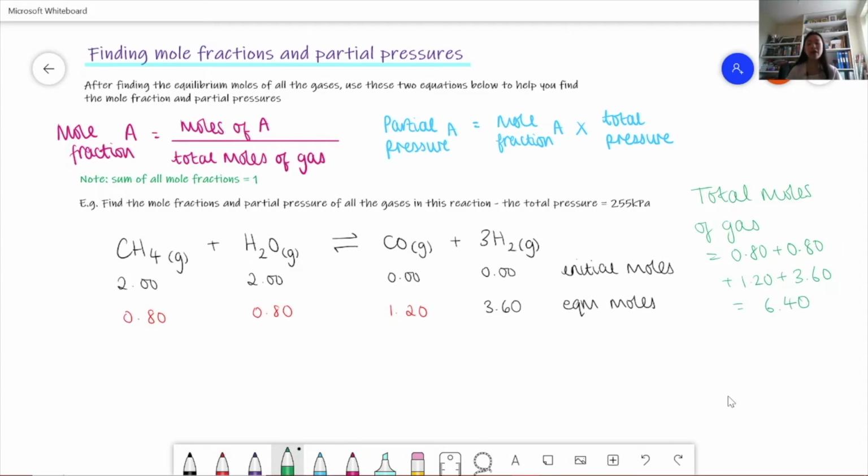And so now we can work out the mole fractions. So we have 0.80 divided by 6.40, and that gives us 0.125. And then here we have the same thing.